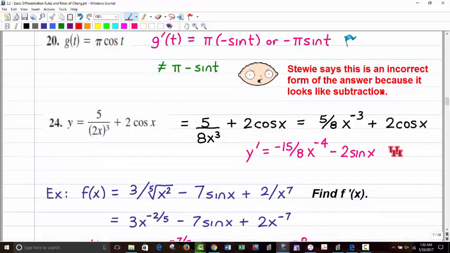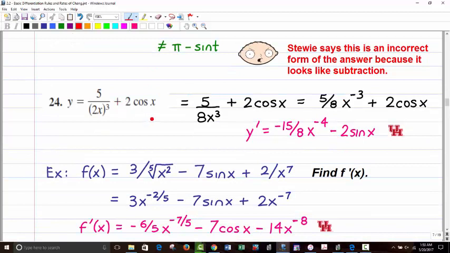Let's come down here. 5 over 2x cubed plus 2 cosine of x. Now you cube this 2x, which gives you 8x cubed. Lots of people make the mistake I talked about earlier: only the variable part needs to be moved up for derivative purposes. Leave that 8 on the bottom.